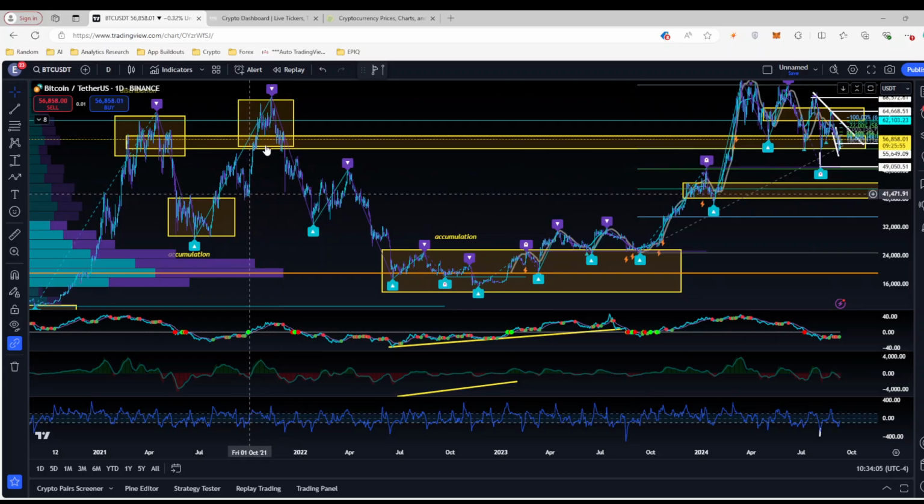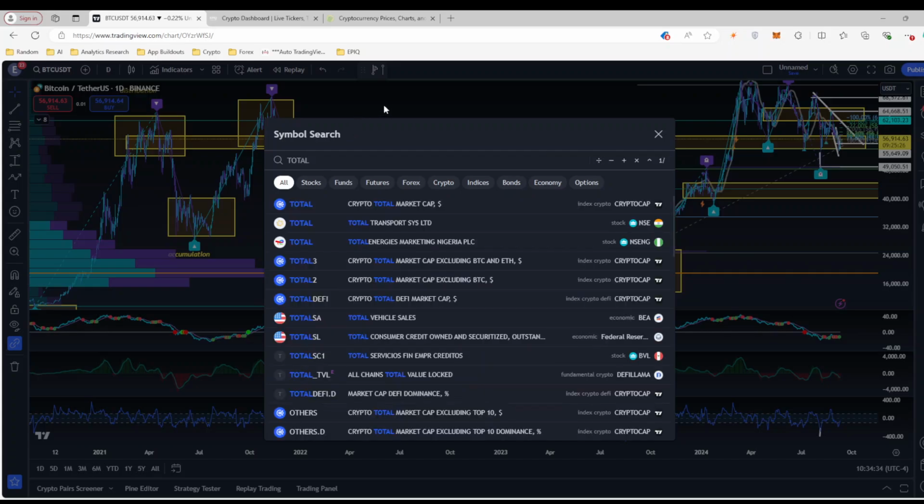And I'm sure from here up, a lot of these altcoins ran with Bitcoin, but on that first move, Bitcoin is going to be the first one to run. Then the altcoins follow, because the money starts to distribute when it's at the top of certain moves from Bitcoin, and it'll distribute through the alts. Let's say Bitcoin runs up to, right now we're at a $1 trillion market cap, and it's over 50% of the total market cap for the entire crypto market, which is 1.89, I believe right now.